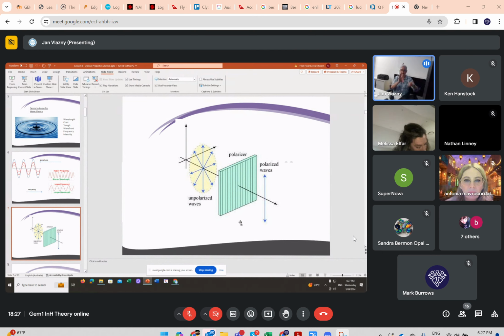So by the time it's come through, it's still going to be like this, but instead of vibrating in all directions, it's only going to be vibrating in this direction as it does its wavelength. So that's how we polarize light. It's how your Polaroid lenses work, because we're actually going to block out some wavelengths of light and let some go through this barrier. So that's the difference between unpolarized and when it goes through there.